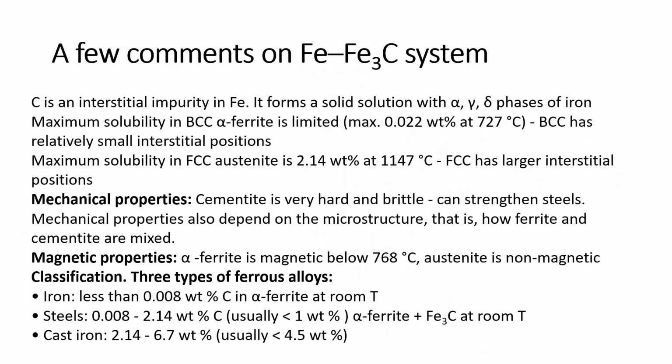We want to explain the iron carbide diagram a little more. Carbon is an interstitial impurity in iron. It forms a solid solution of alpha, gamma, and delta phases of iron.